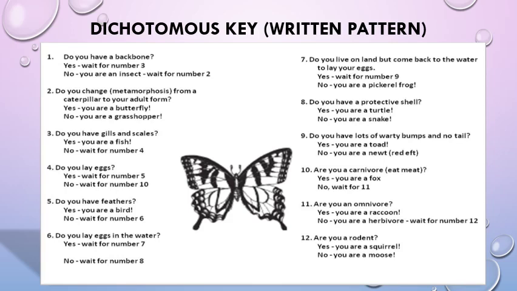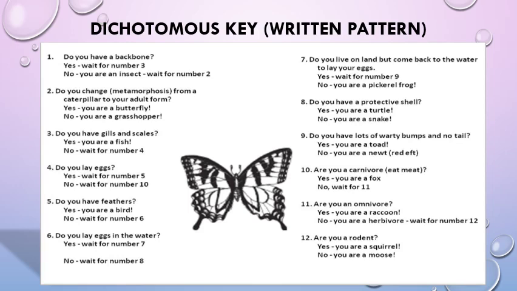Then on number 8 the question is, do you have a protective shell? If yes, then you are a turtle, and if no, then you are a snake. On number 9 we have, do you have lots of body bumps and no tail? If yes, then you are a toad, and if no, then you are a newt.